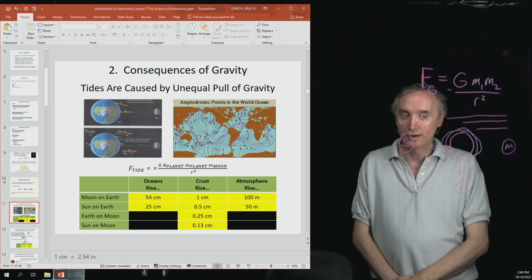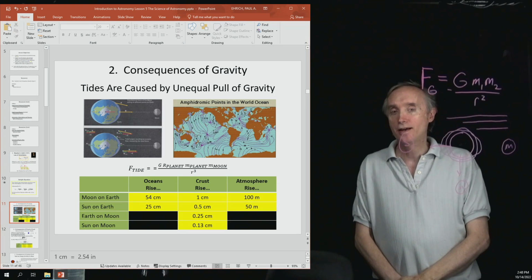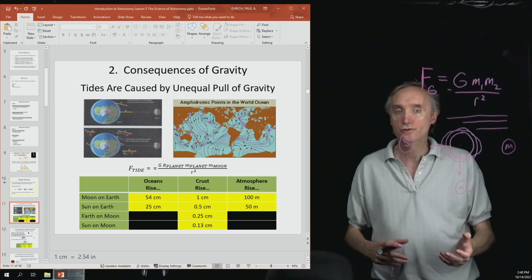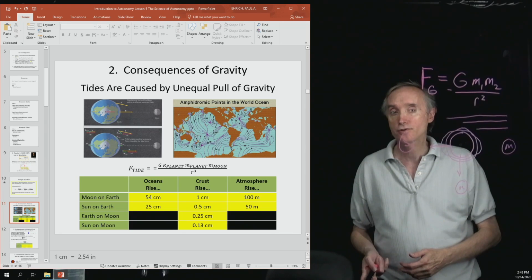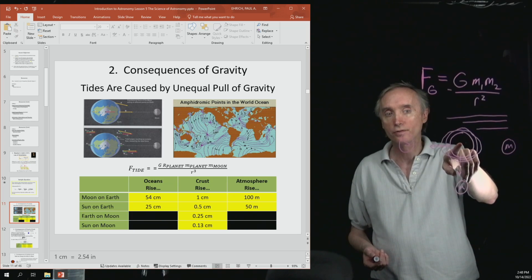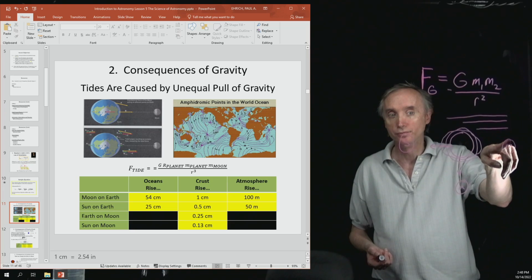Well, there's one more thing that's going to happen, and that is, according to Newton's third law of motion, for every action there's an equal and opposite reaction. So that means that if the moon is pulling on the earth, then the earth must be pulling on the moon.